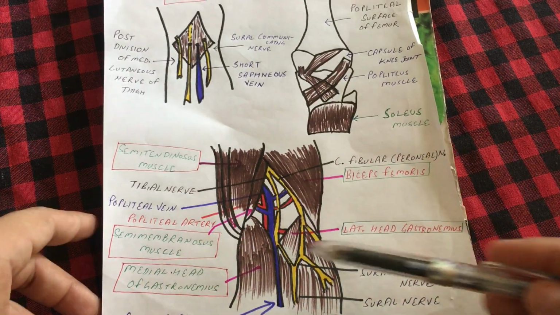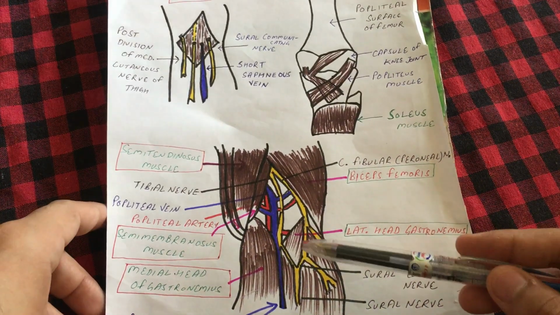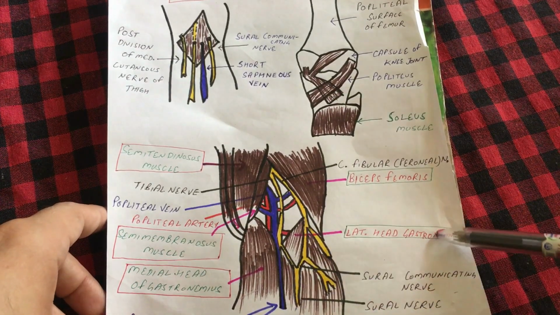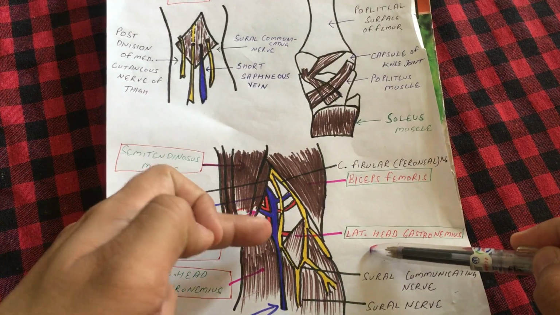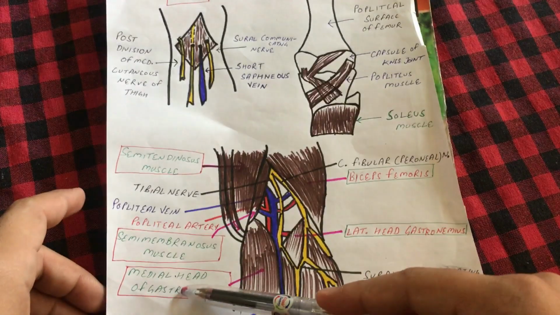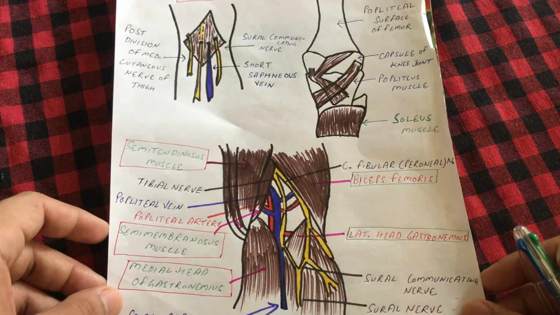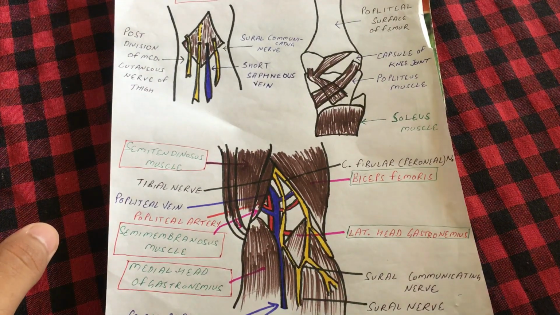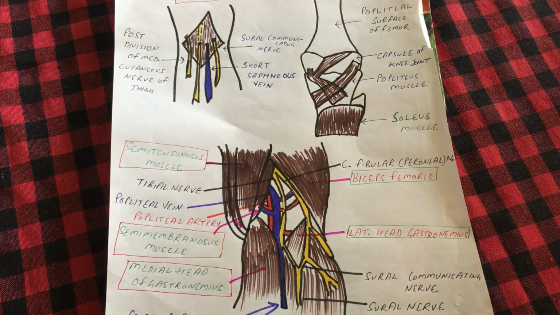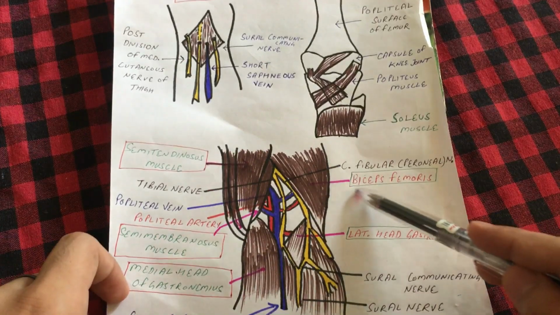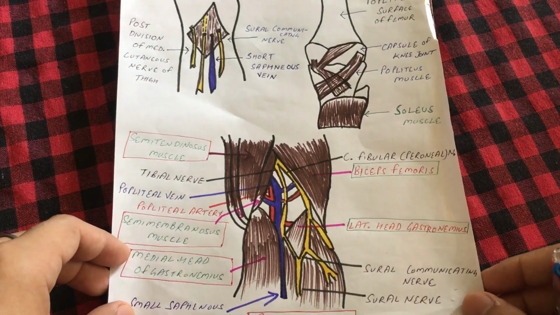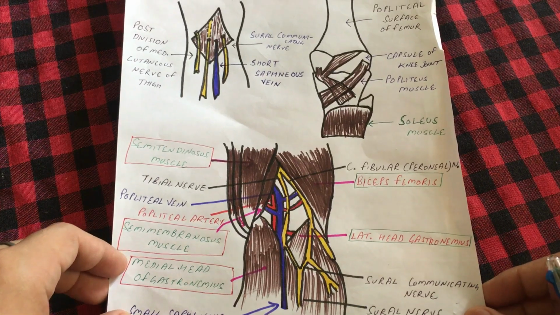Now coming to the lower boundaries: below and laterally, it is formed by the lateral head of gastrocnemius muscle. Below and medially, it is formed by the medial head of gastrocnemius. Clear? So these are the boundaries of the popliteal fossa in the boxes. If you want to take a screenshot, you can take the screenshot.